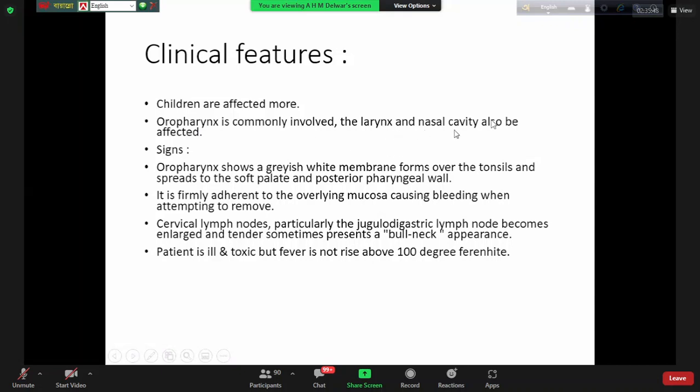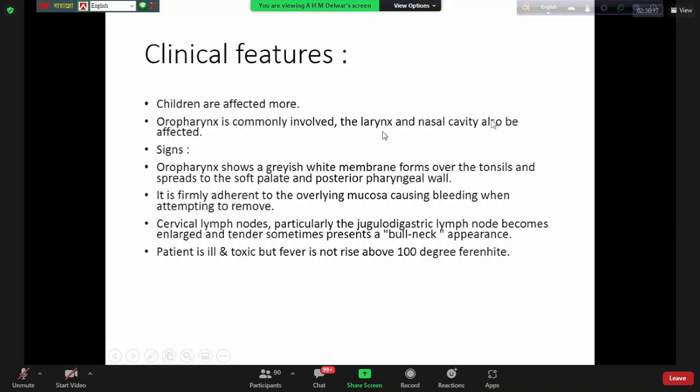The larynx and nasal cavity may also be affected. We know the pharynx is divided into three parts, and one part is the lower pharynx. When the larynx is involved, the patient is in a grave condition.